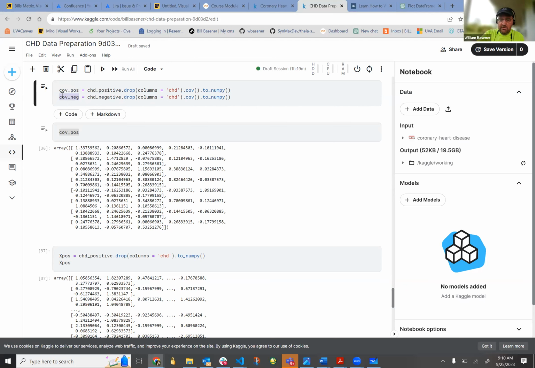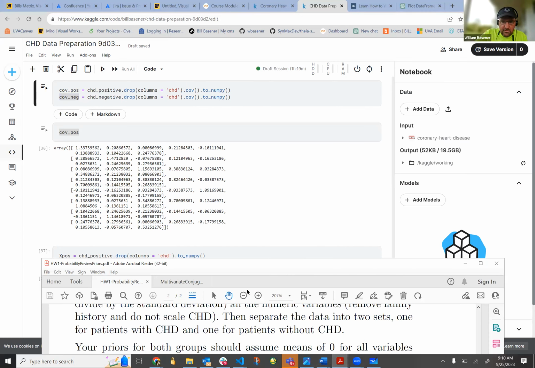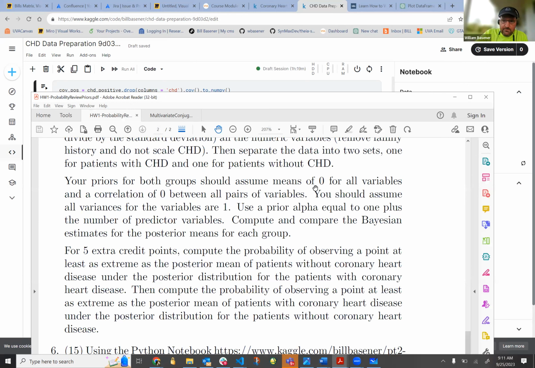But our prior is going to be, let's go see what our prior is, and then we'll go into the text from the class to figure out how to answer this. The prior is to assume a mean of 0 for all the variables and a correlation of 0 between pairs of variables. You should assume all variances for the variables are equal to 1.